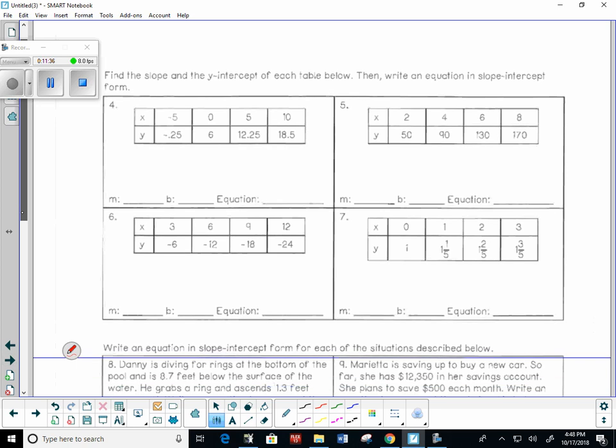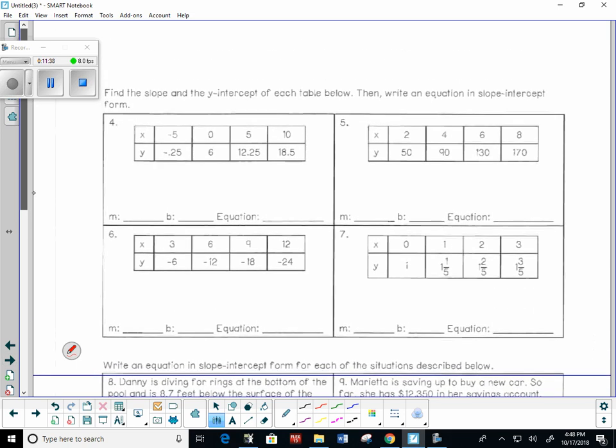Now we're just looking at a table. Okay? I think that you know how to go ahead and do this, but here is our x value. So this is going to be our input, and here is our output. So if we're looking for slope, we're going to take y2 take away y1 over x2 take away x1.